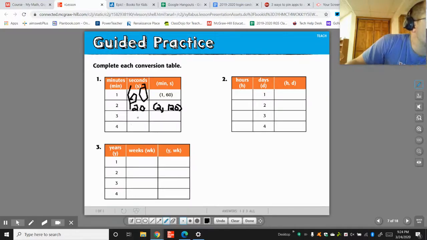Now 60 times 3 is 180. So then in parentheses, we'll put 3, comma, 180.